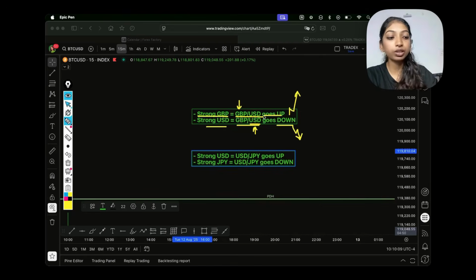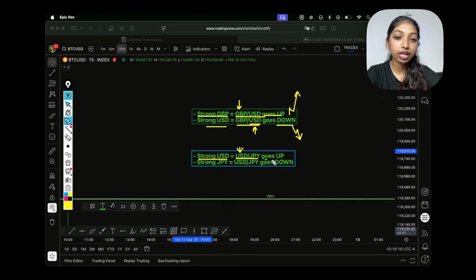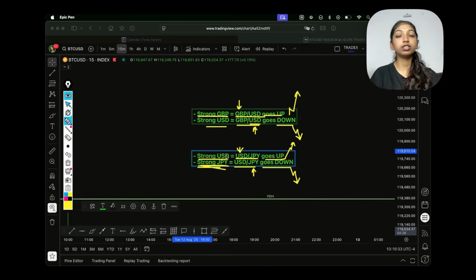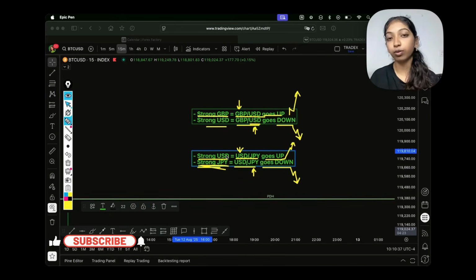The same logic applies with literally any other pair. Let's take an example of USD JPY. If USD, the base currency, the first currency, gets stronger, the entire price goes up. But if the second currency is stronger, then the entire price goes down. This applies to literally every other pair in Forex.